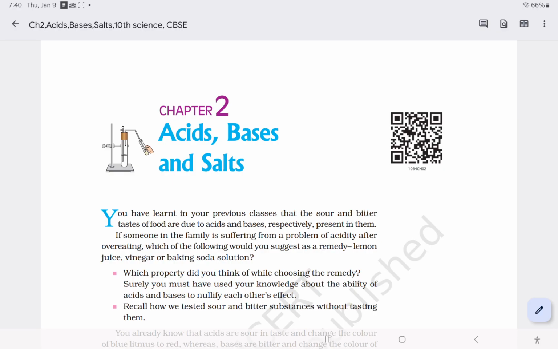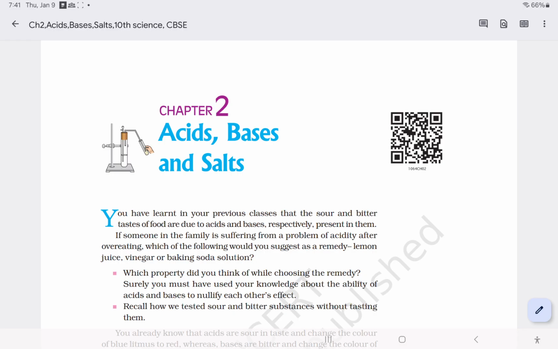Here, these different substances have different types of properties. Whatever substance is an acid will have a sour taste, right? All the salts have a salty taste, and bases have a bitter taste. Why do we need to study this topic?